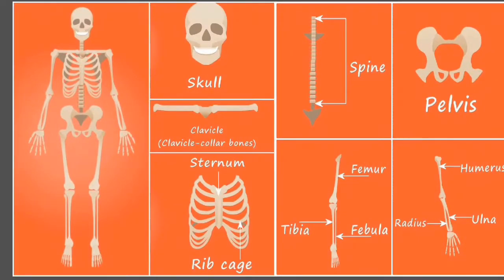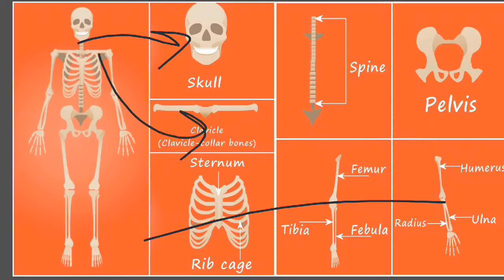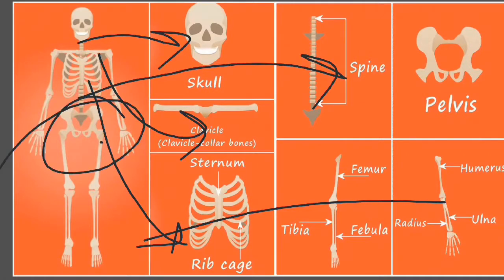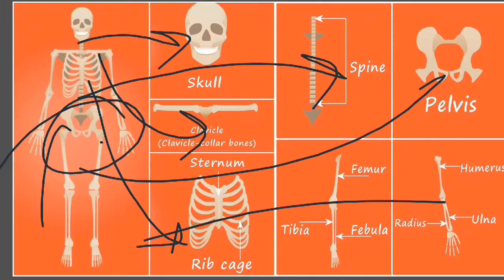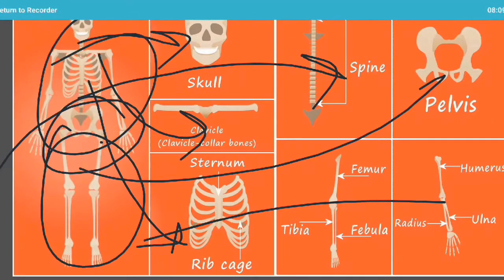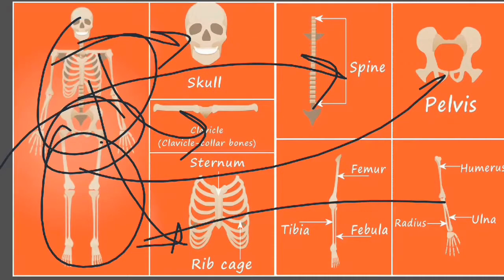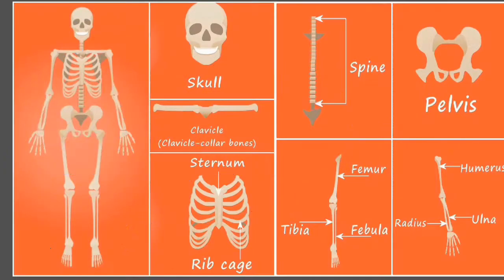This is the skull. This is your collarbone, this is the rib cage, this is your spine, that is the pelvis, and these two are your limbs. This is the forelimb and this is the hind limb.